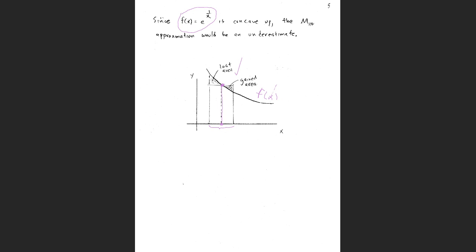Basically, I draw the rectangle, and I'm trying to approximate the area underneath the function. There's area here that I don't want. That's gained area. And over here, there's area that I didn't capture. That's lost area.